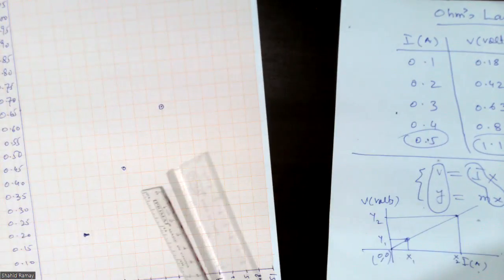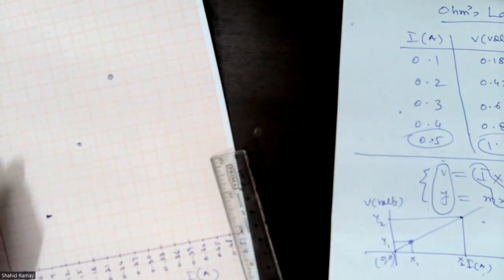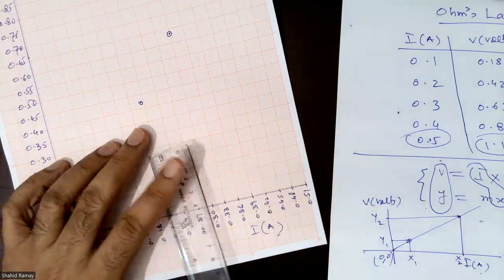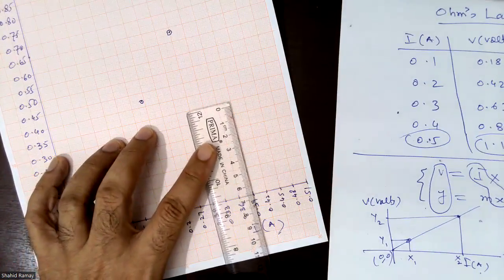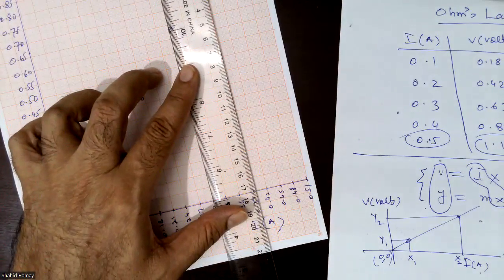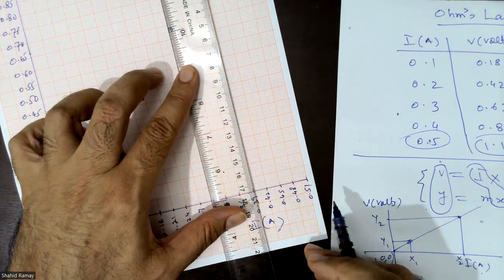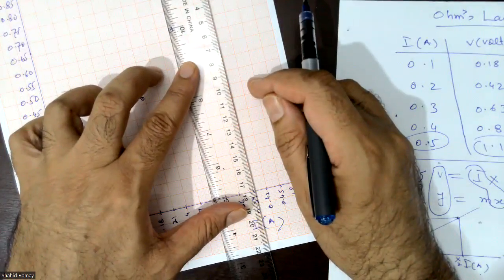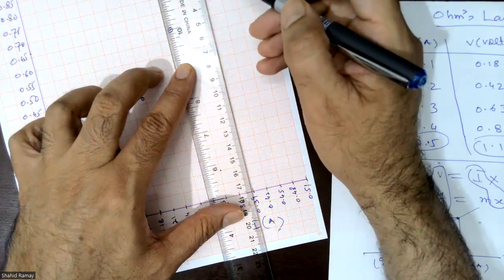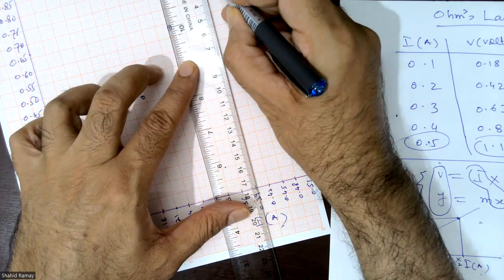Okay. And then 0.4. So where is 0.4? Now you can see that this is 0.39 and 0.4 will be a little above. And the answer is 0.8. So 0.8 is here. So you can draw here.